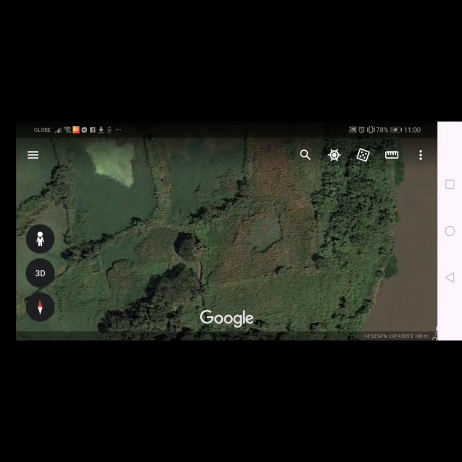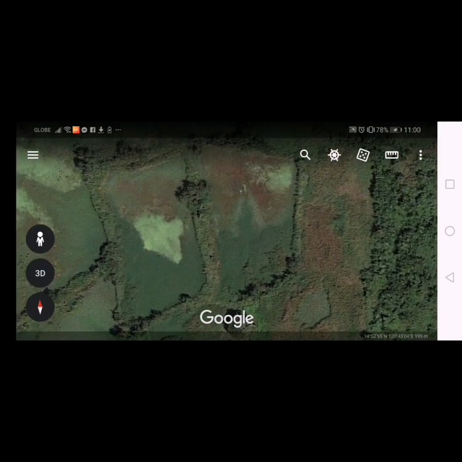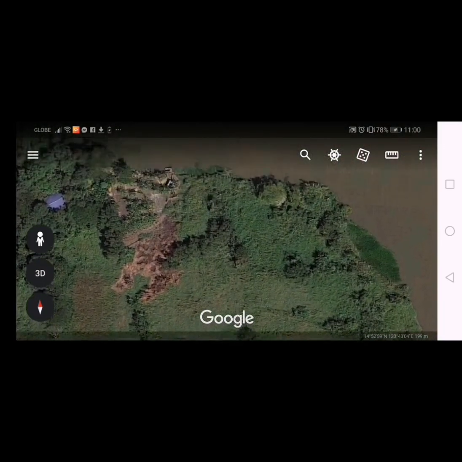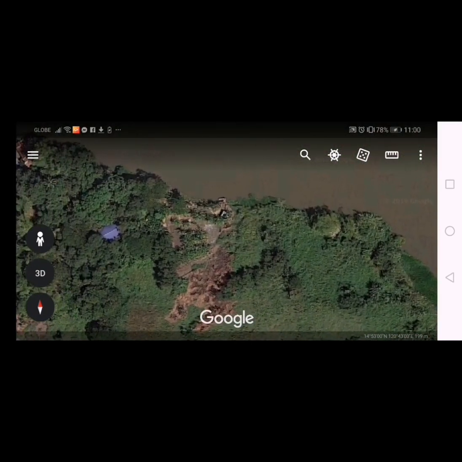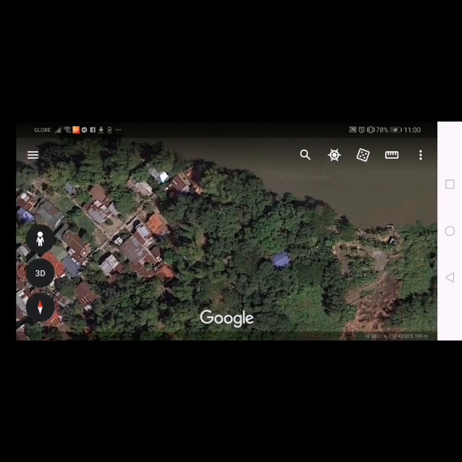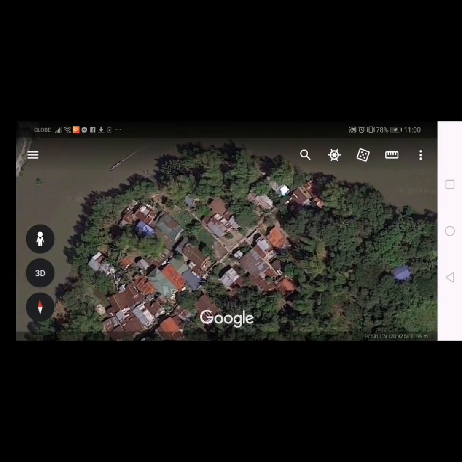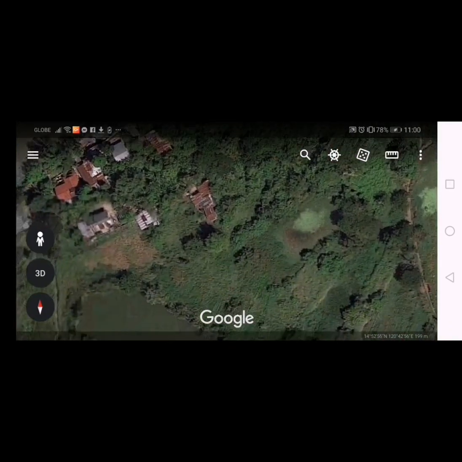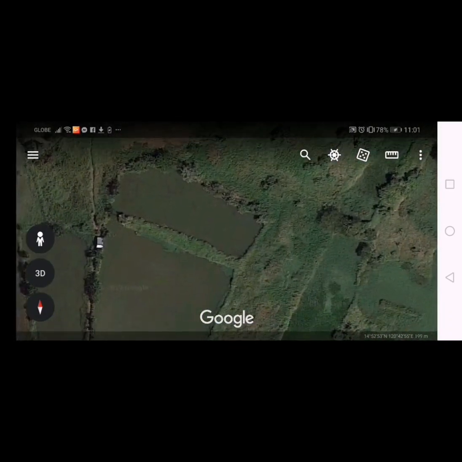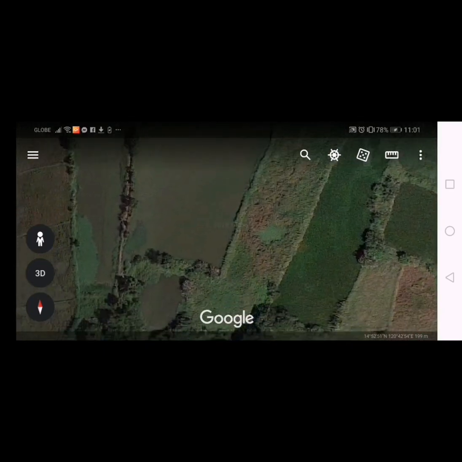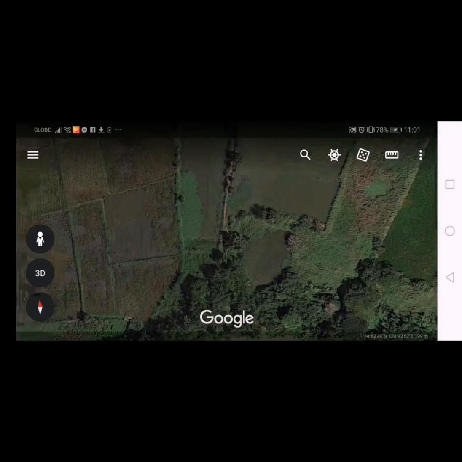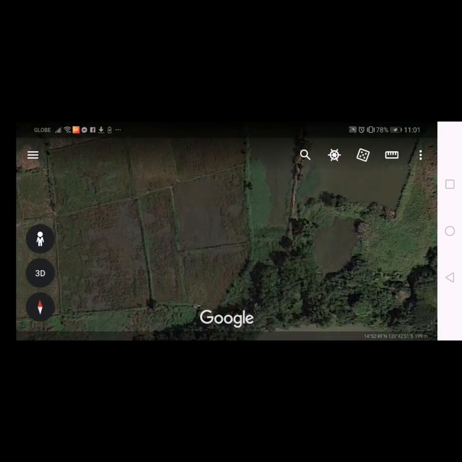But apparently the structures are there. They can be seen even using Google satellite. These settlements are actually built on top of these structures. You're seeing this section. It looks just like rice paddies, but they're actually not.